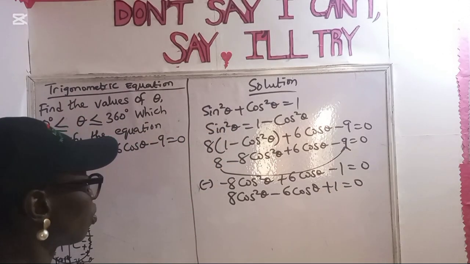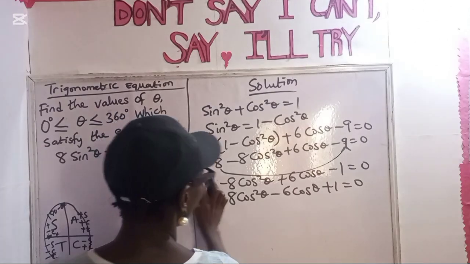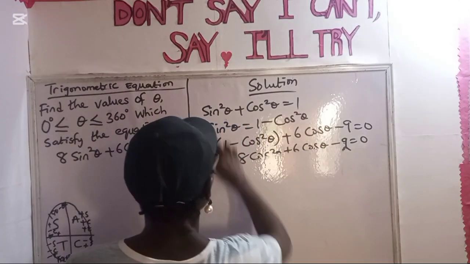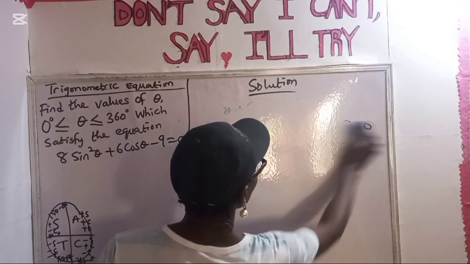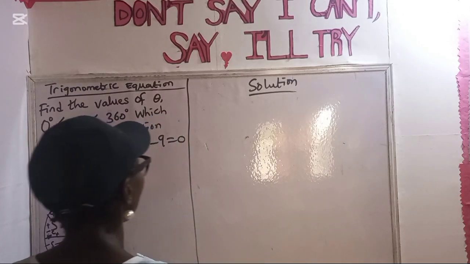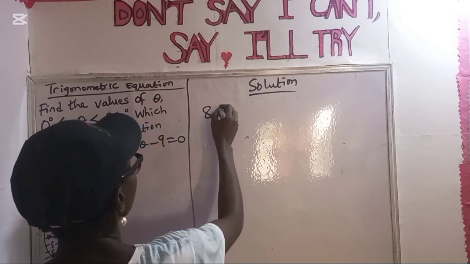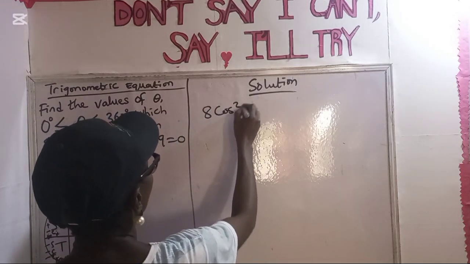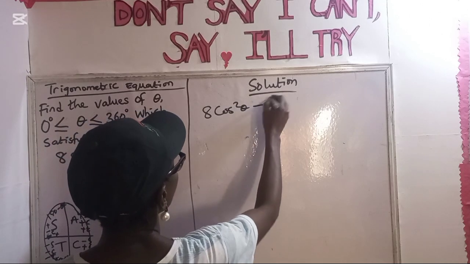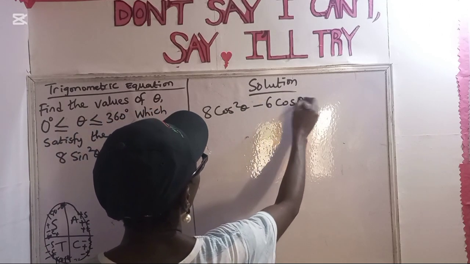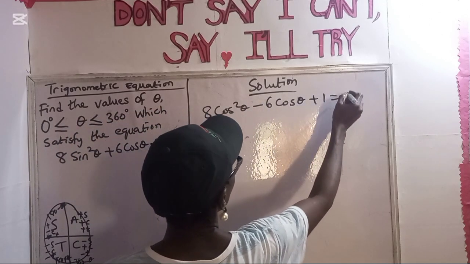Now we have arrived at another equation here: 8 cos square theta minus 6 cos theta plus 1 equal to 0.